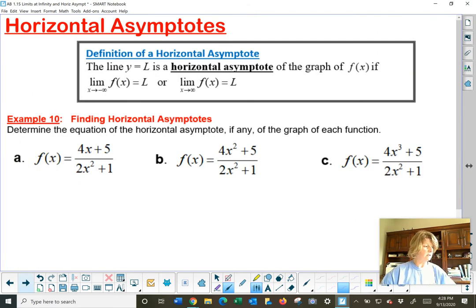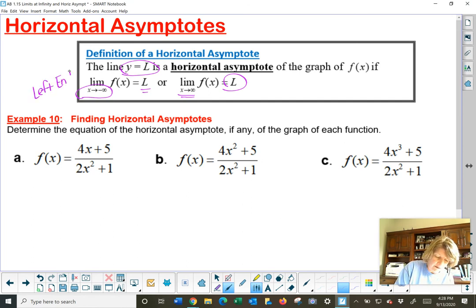Horizontal asymptotes. So, the definition of a horizontal asymptote: the line y equals L, which we know is a horizontal line equation, is a horizontal asymptote of the graph of f of x if, as we head to negative infinity, we get that value of L, or as I head to positive infinity, I get that number of L. This will be left end behavior as we head to negative infinity.